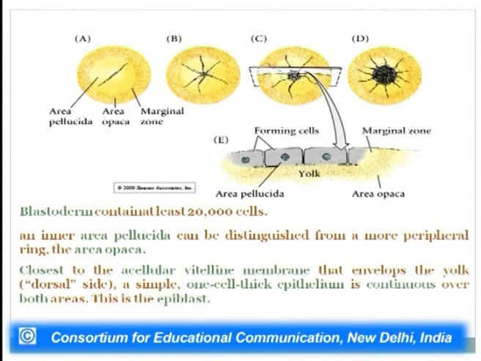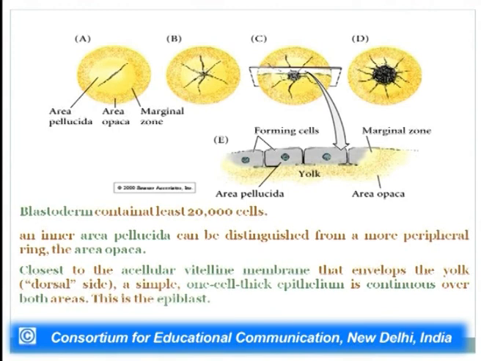Closest to the acellular vitelline membrane that envelopes the yolk, a simple one cell thick epithelium is continuous over both the areas, which is termed the epiblast. We have already talked about the different egg membranes. On the top there is a vitelline membrane, and just underneath it there is a single layered cell, termed the blastoderm.